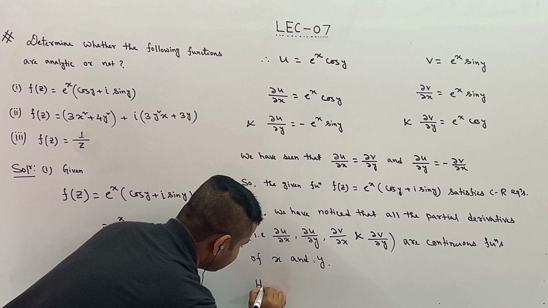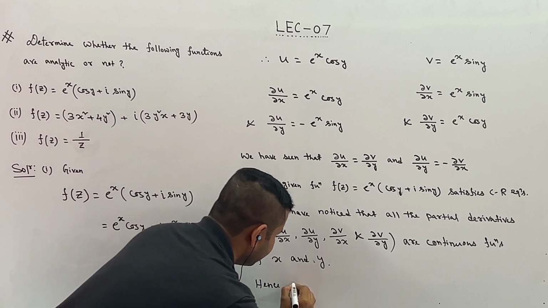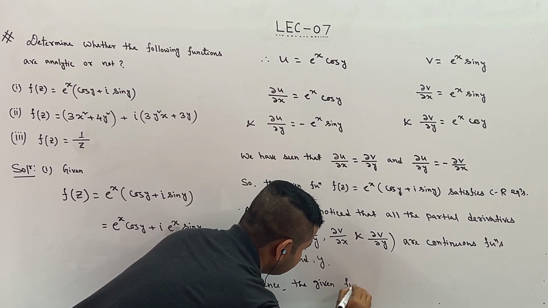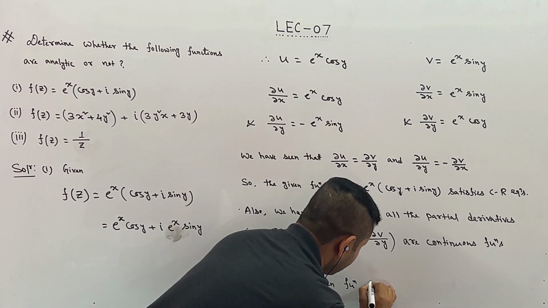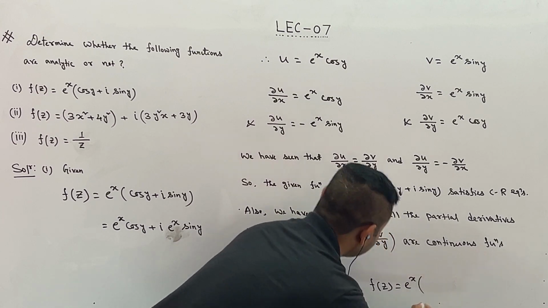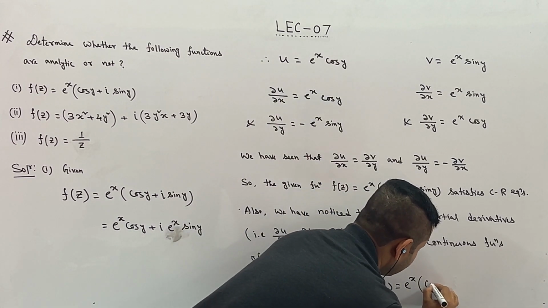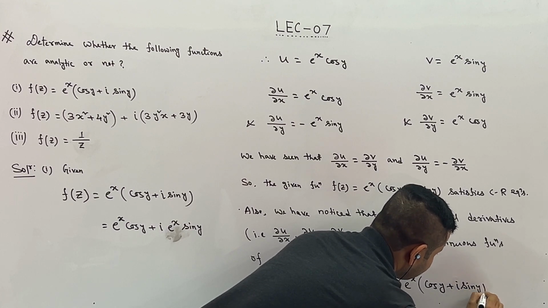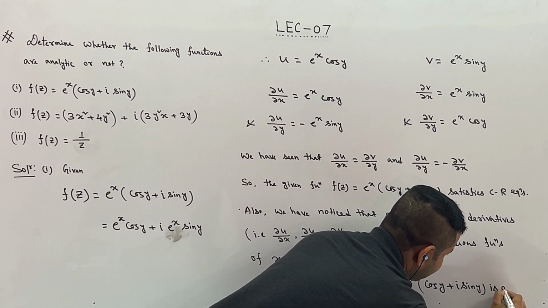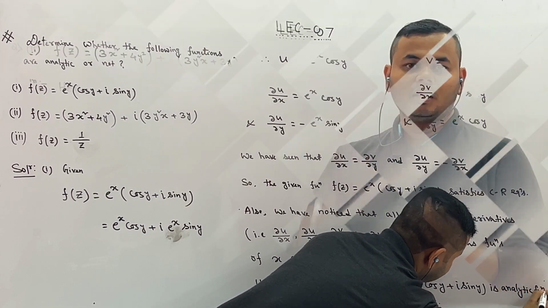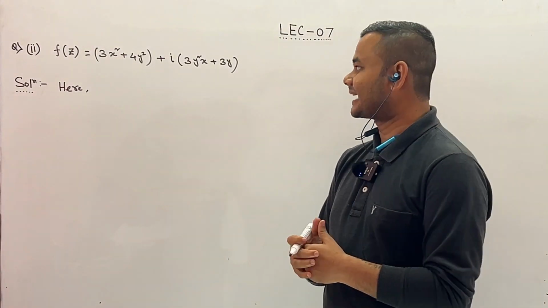Hence, the given function f of z is equal to e to the power x into cos y plus iota sin y is an analytic function. Now let us solve the second problem.